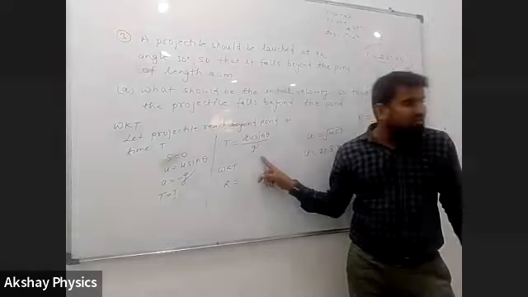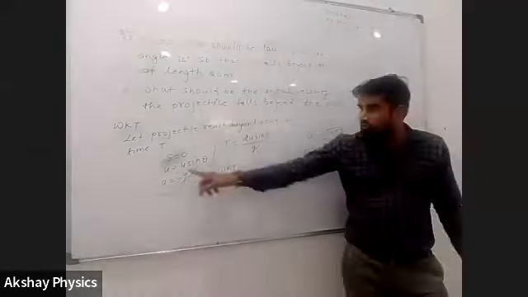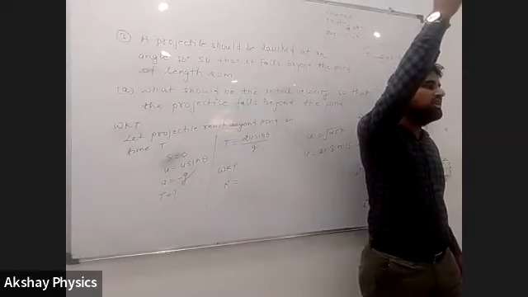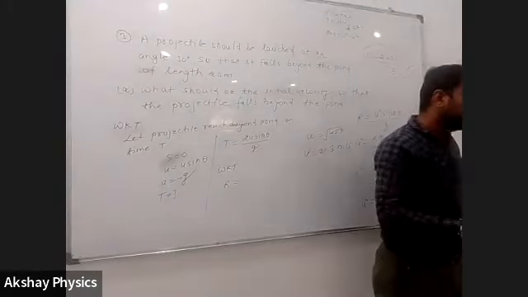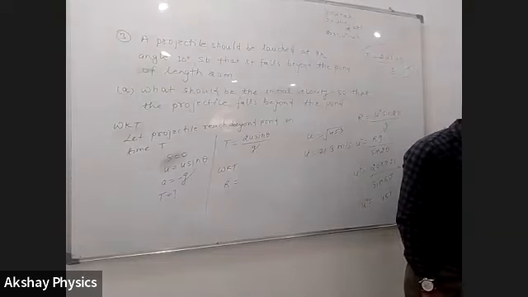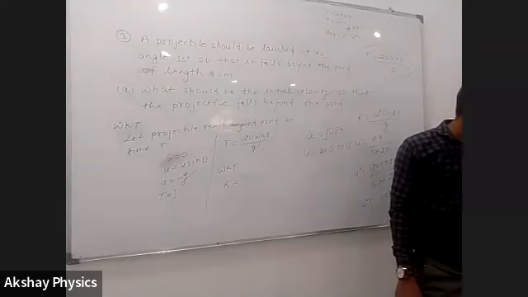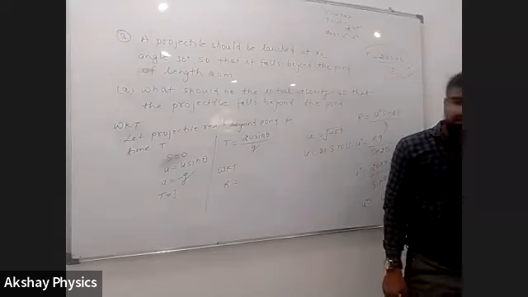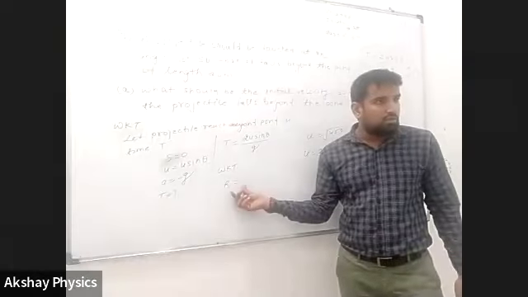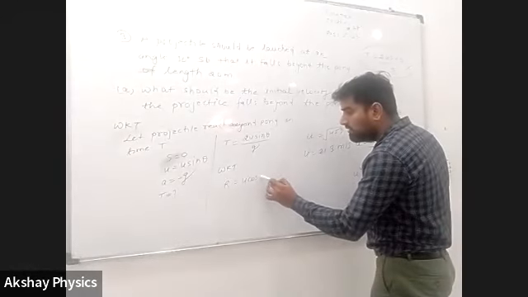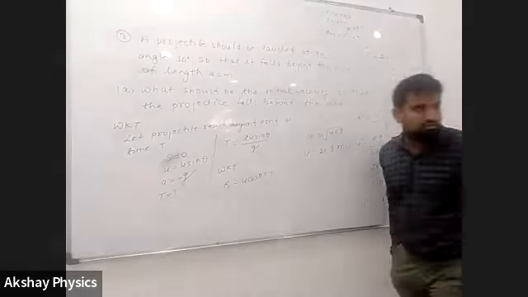So this is the T we will get. For time of flight it should be vertical, because the particle moves in the vertical direction and then comes down. That is why I took sine. Are you understanding well? Yes. So about the range: range is u cos theta multiplied by time, right?